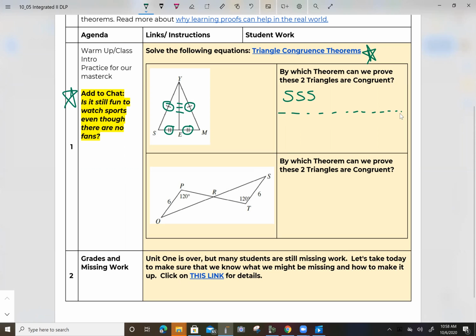A few people in class put what they thought it was, hypotenuse leg, which makes so much sense. If you think this is a right angle, then they have their hypotenuses congruent and another side congruent. So by hypotenuse leg, those 2 triangles would be congruent. But the problem is people like to trick you.